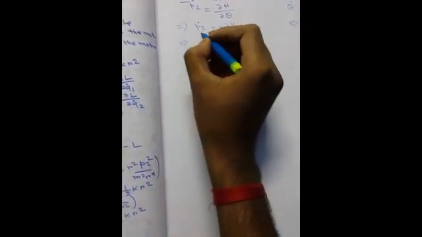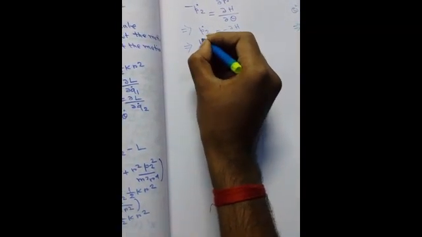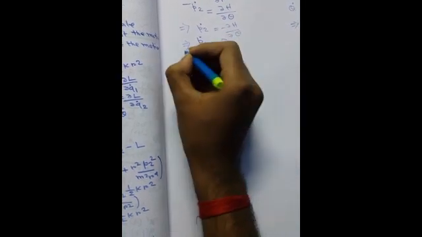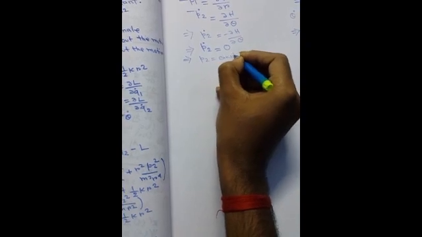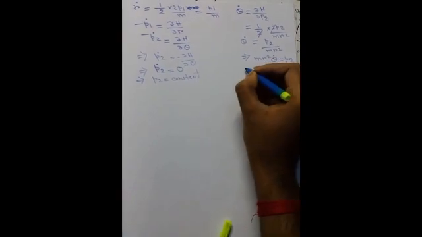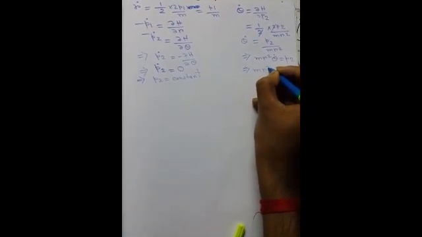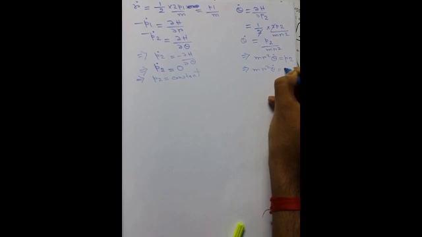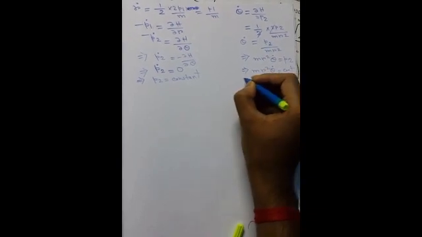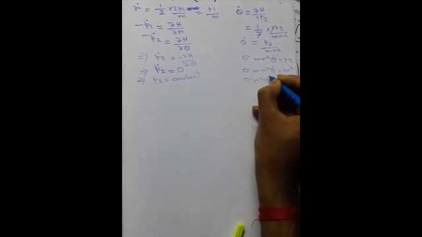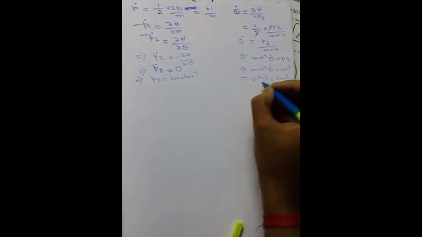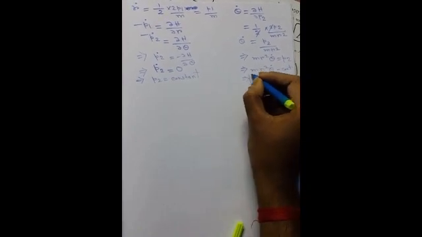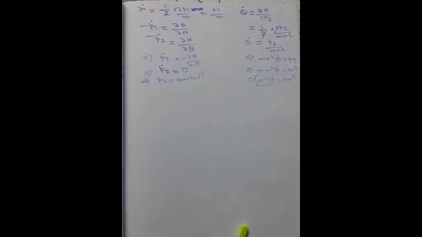So del H by del theta is 0, so p2 dot equals 0, which implies p2 is constant. Then M r squared theta dot is constant, and mass is obviously constant, so r squared theta dot is constant.